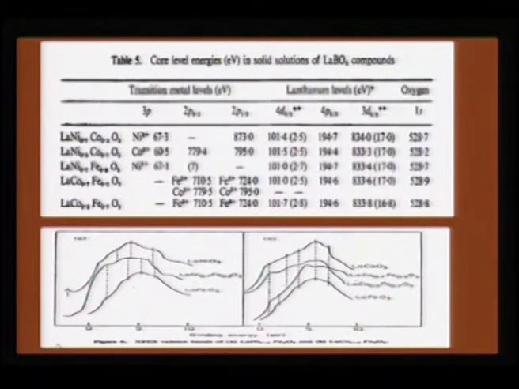When we look at the XPS, there are other advantages that we have. For example, if we look at lanthanum nickelate substituted with more than 2 metal ions, all that we can observe from the lanthanum 4d 5/2 and 4d 3/2, you can see there is hardly any change.